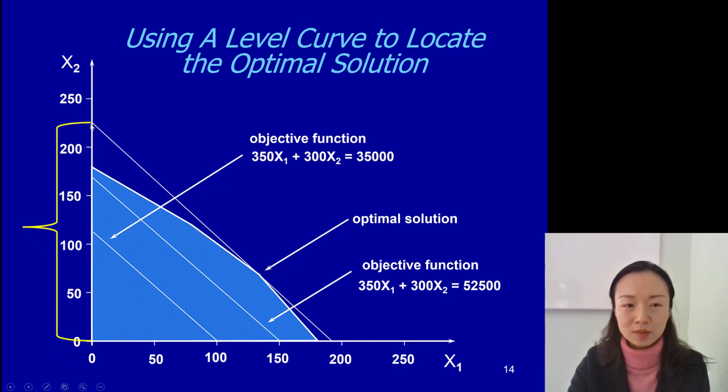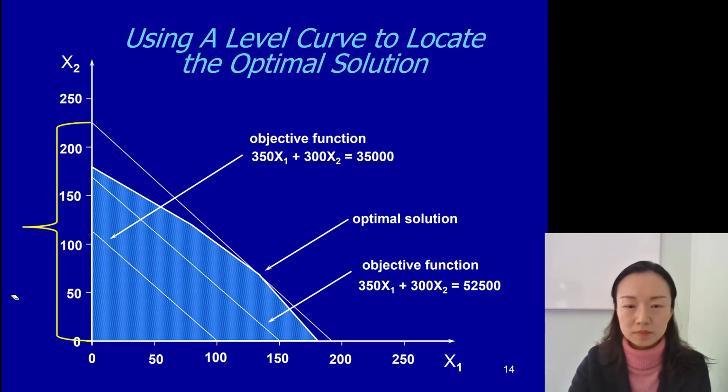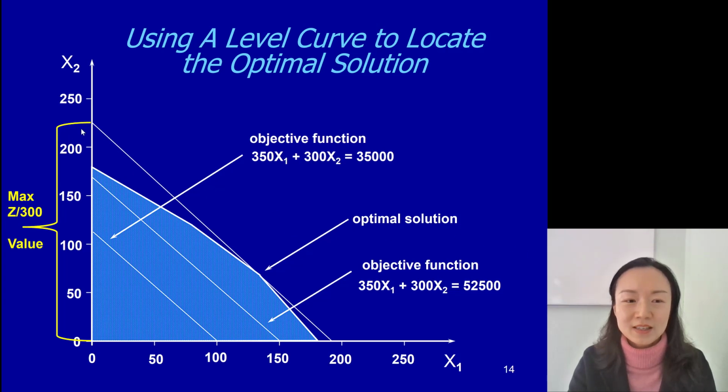Okay, and at this point, we can see that the intercept on this x2 axis, which is our z divided by 300, if you recall, gives us the maximized z divided by 300 value. The reason why this is our maximized z divided by 300 value is because this current line is just touching one corner point of this feasible region.